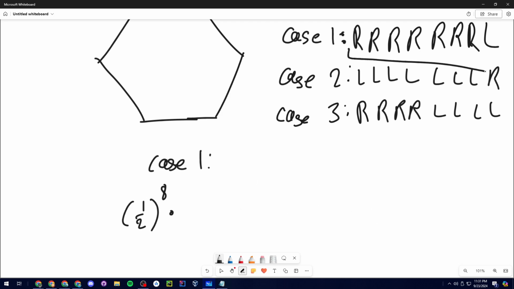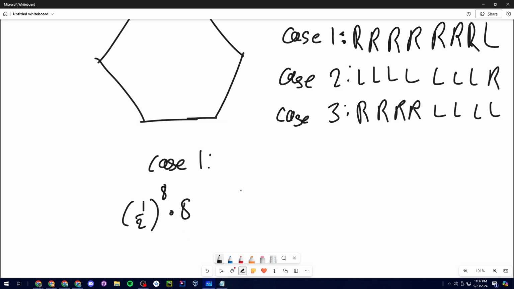Now, how many different ways are there to permute this? 8 factorial over 7 factorial times 1 factorial, right? Figure out why that formula makes sense because we've used it a lot in the past. Or better yet, just ask yourself, I only have 8 places to place that L, so it's got to be times 8.